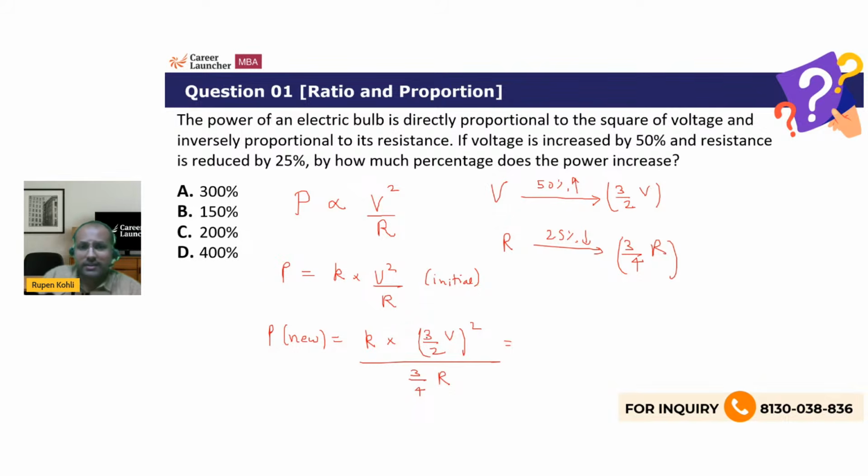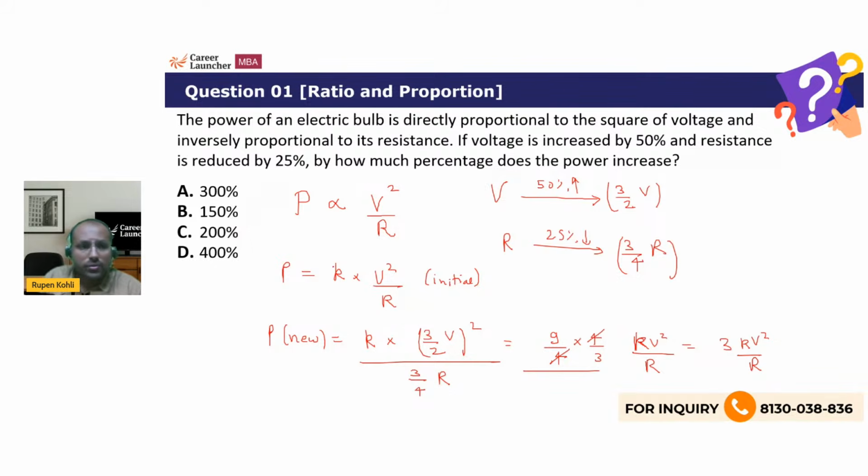Now focus on the coefficient. 3 by 2 whole square is 9 by 4, whole upon 3 by 4. Bring it on top into 4 by 3, into KV square by R. The 4 cancels, and this comes to 3 times the initial power, which means a 200% increase.